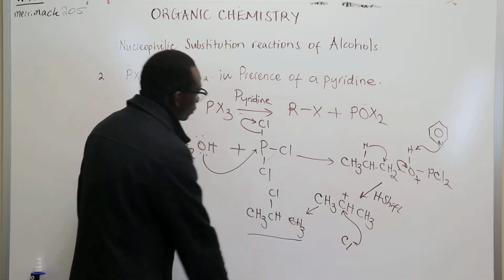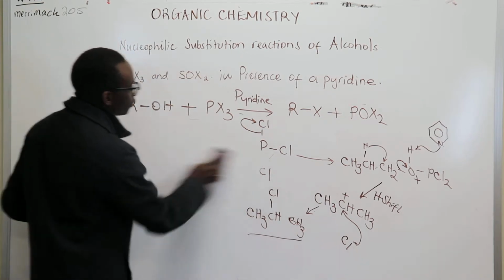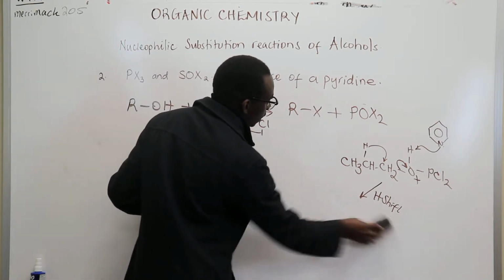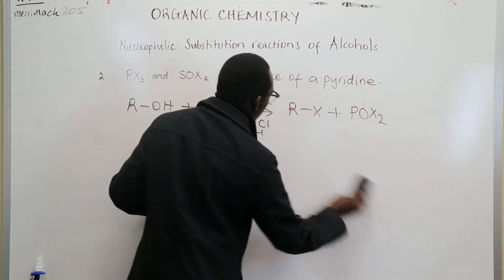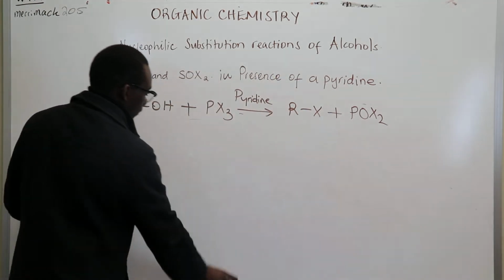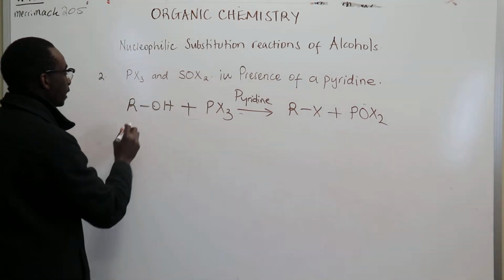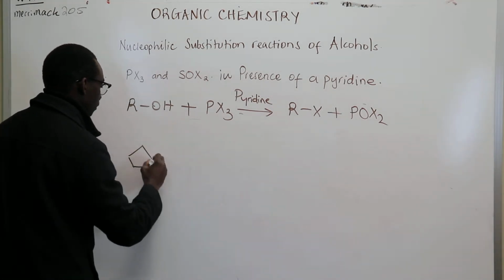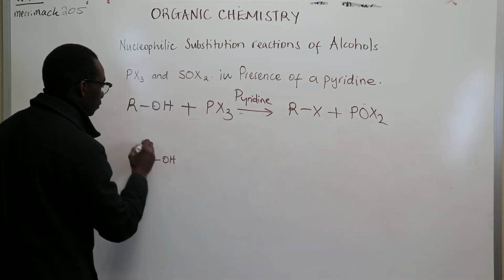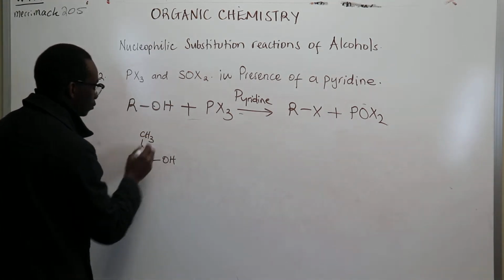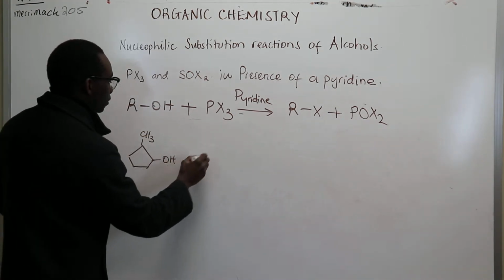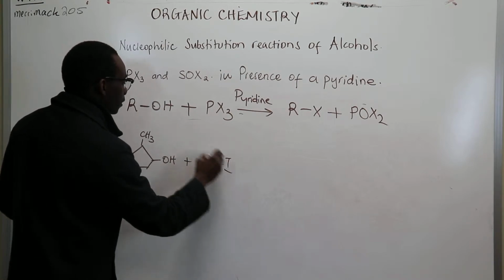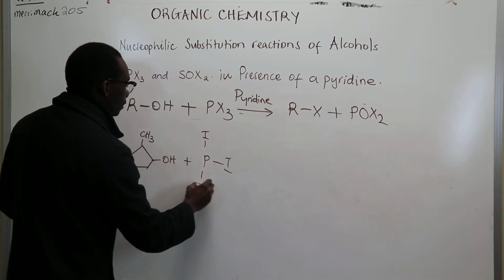So now let us jump into the second objective, which is how secondary alcohols are going to react with the same phosphorus trihalide. So in this case, I will use 2-methylcyclopentanol reacting with phosphorus triiodide.